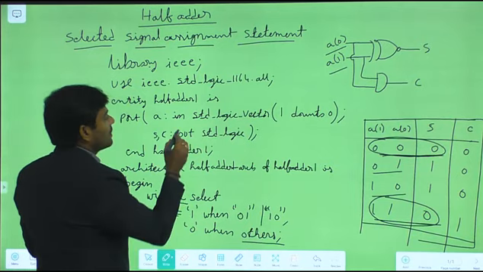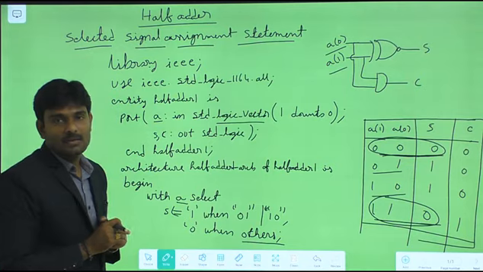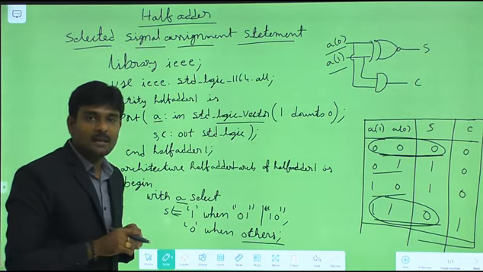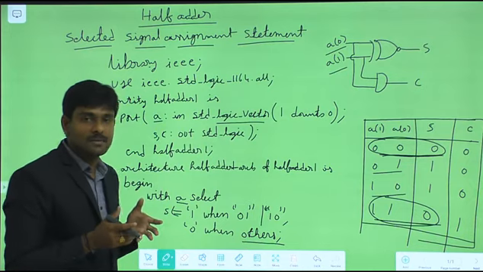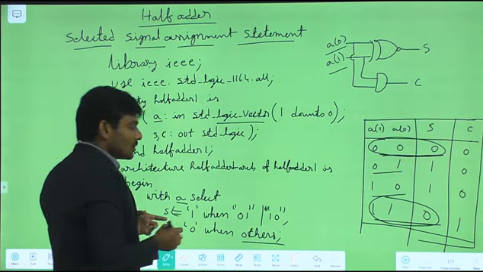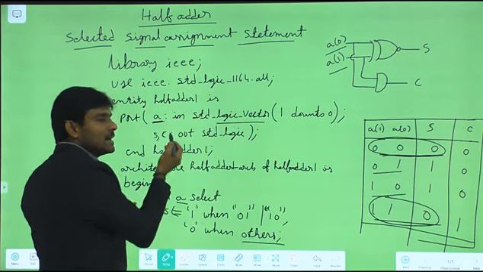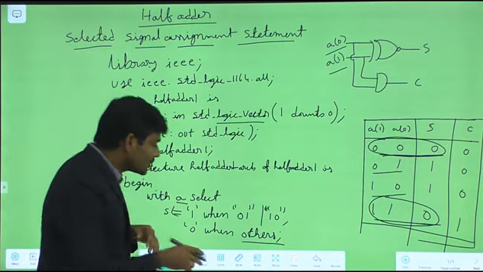Here A is declared as std_logic_vector, which means you can assign any one of 9 values, because std_logic consists of 9 values. So 9 power 2, because it consists of 2 elements, 9 squared combinations can be represented. All those will be covered.